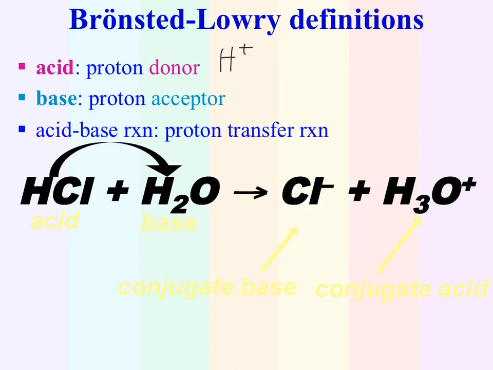I'm referring to the H+ ion. Remember, the H+ ion is formed when the electron that the hydrogen has is given up, and you form this positively charged ion. So in the Brönsted-Lowry definition, acids are going to donate protons, and bases are going to accept them.